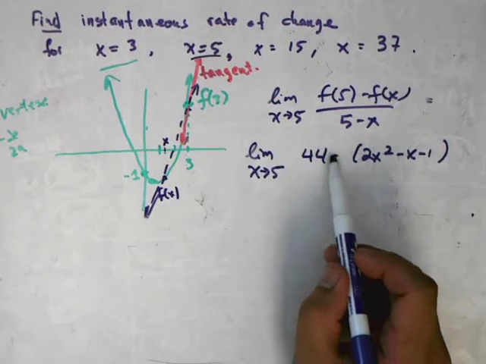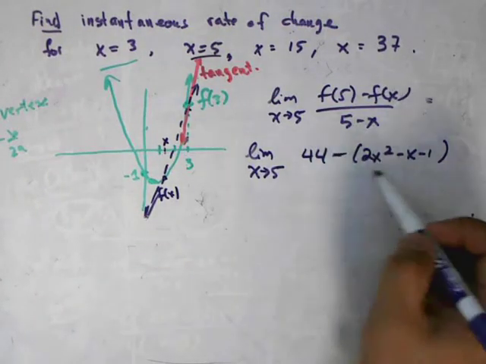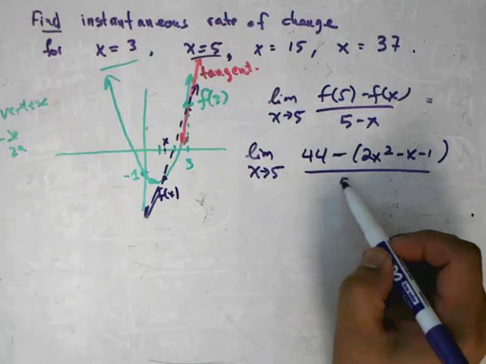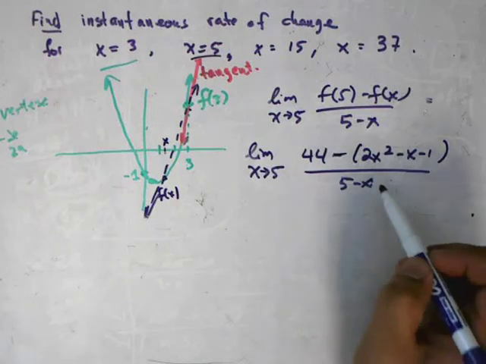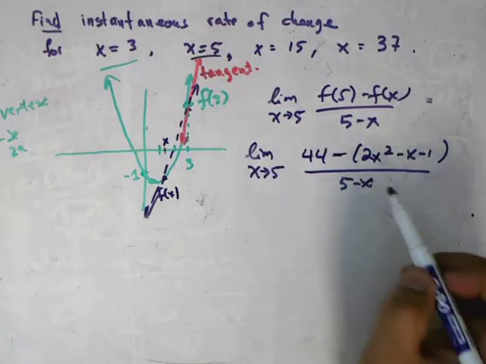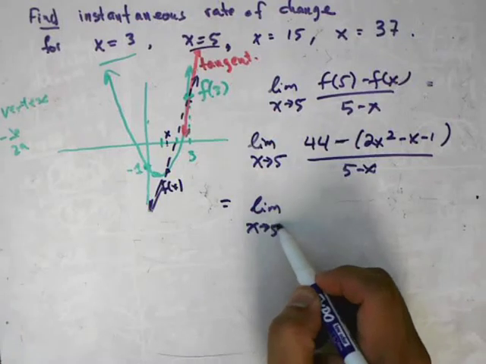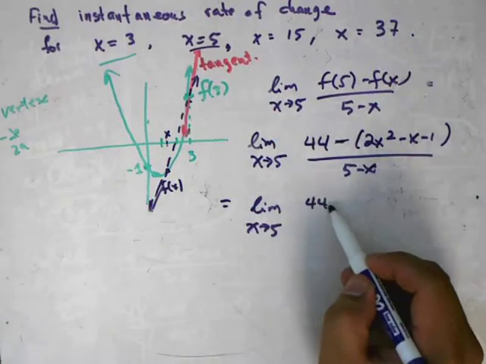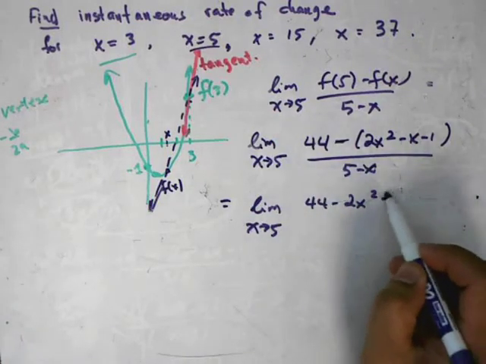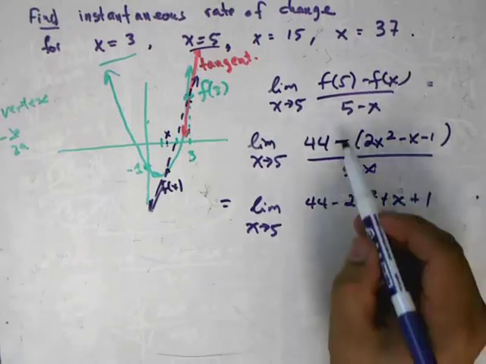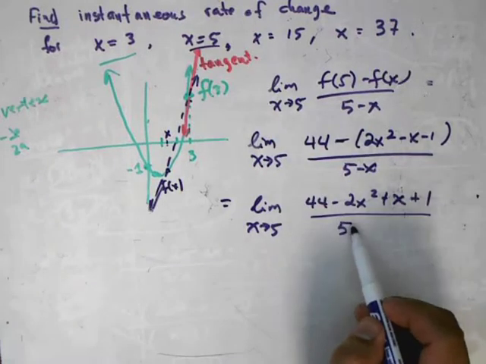And you just got to be careful to put parentheses around this big term right here. I can't tell you how many of my students over the years have just forgotten that and totally messed up the problem. So this is equal to the limit as x approaches 5 of 44 minus 2x squared plus x plus 1, distributing the negative sign.